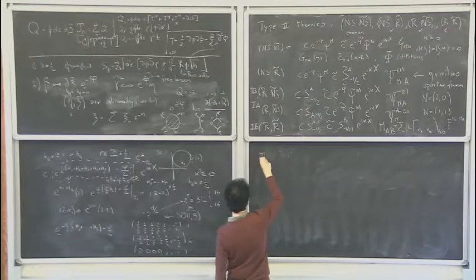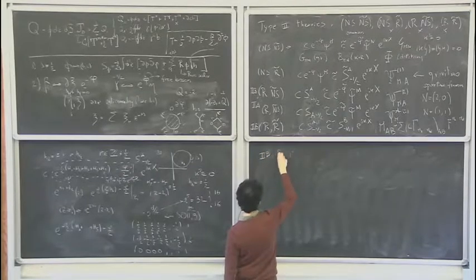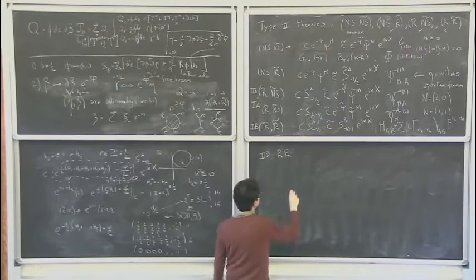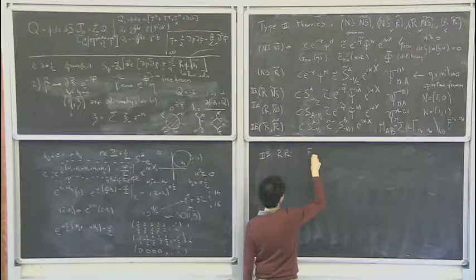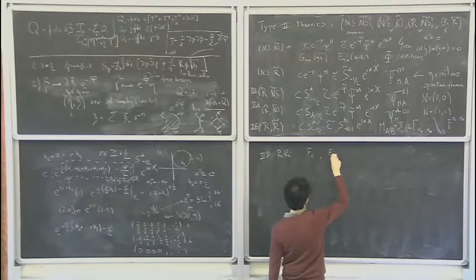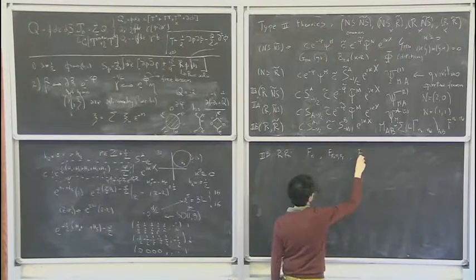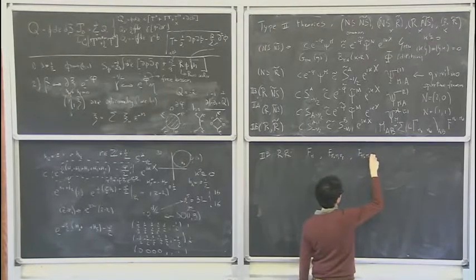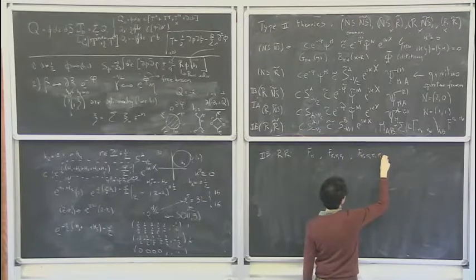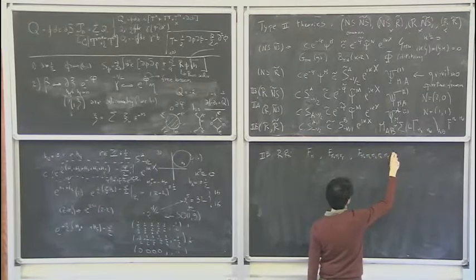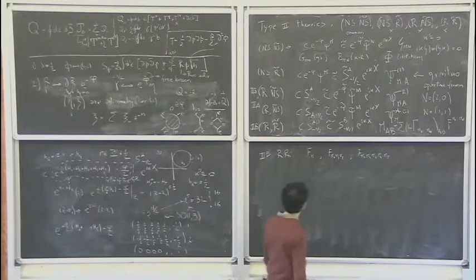So to be precise, in the Ramond sector you will have F mu, F M1 M2 M3, F M1 M2 M3 M4 M5. Right.